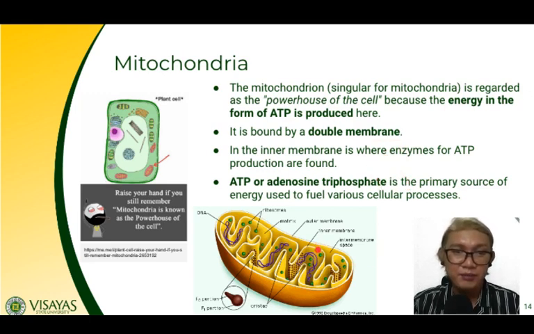Now the inner membrane is different because it is in the inner membrane where the ATP is produced, which is the fuel for the cellular processes. So these infoldings that are found inside the mitochondria, which is composed of the inner membrane, are called cristae. Okay? This is cristae.